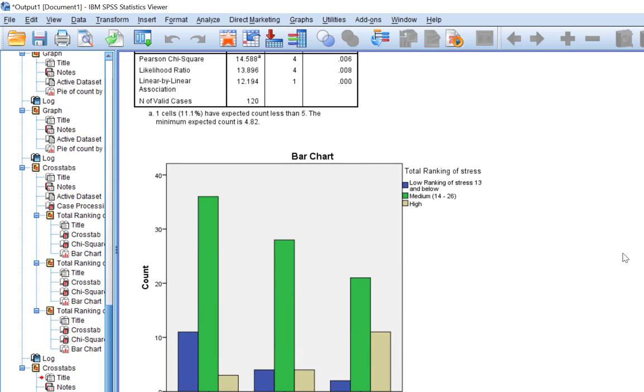That explains what I'm saying. As personal achievement gets higher, the people with moderate rankings of stress goes lower. People with low rankings of stress goes lower, but look at the people with high rankings of stress. It gets higher.